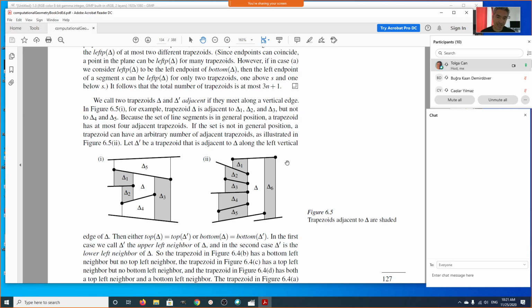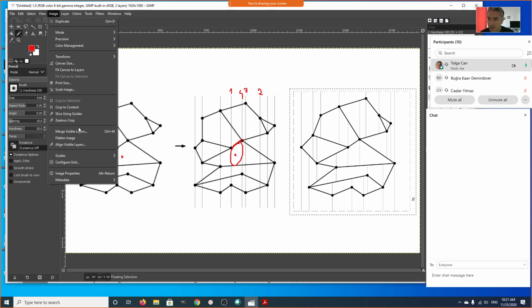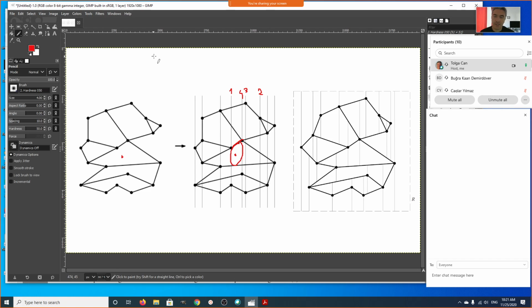Let me flatten the image. What I'm going to do is change the x coordinates of all of these vertices. I'm going to multiply their y coordinates with epsilon, and add this to their previous x coordinates to get the new x coordinate.